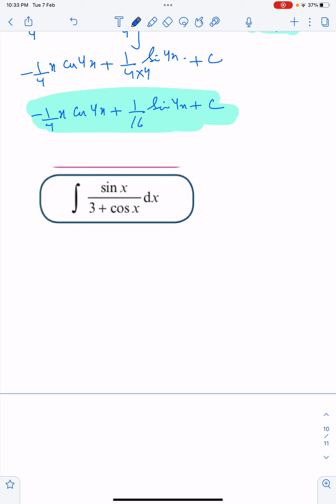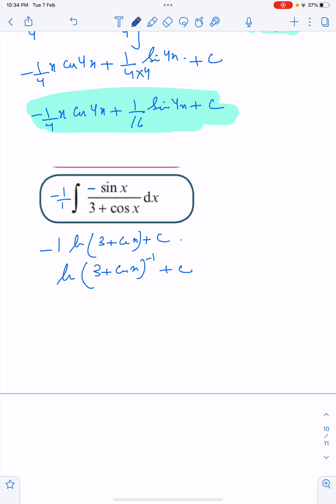So we can write a negative here, and as a result of this I can put a negative outside also. This will become minus 1 upon ln(3 + cos x) plus c, and this negative 1 can become the power: ln(3 + cos x) to the power negative 1 plus c. Either you write it like this or this, both of them will be correct.